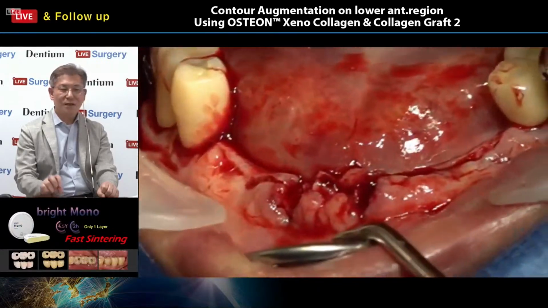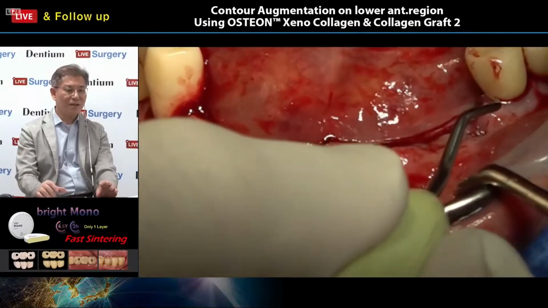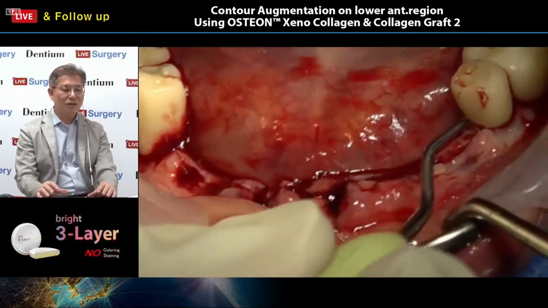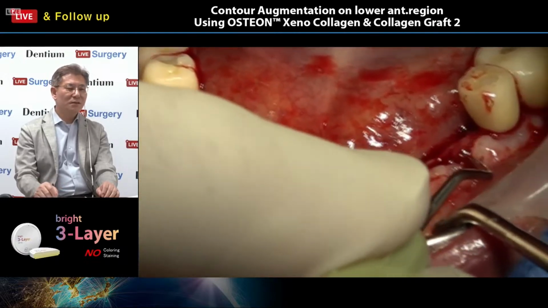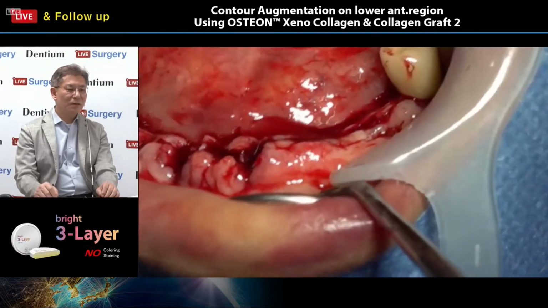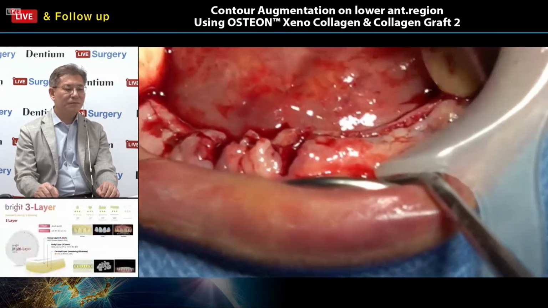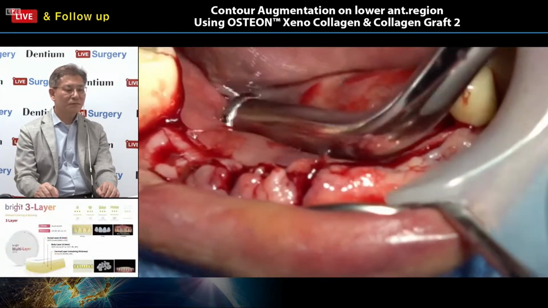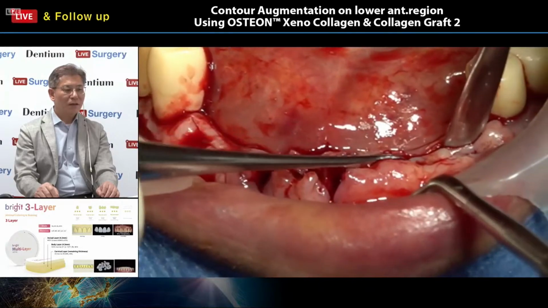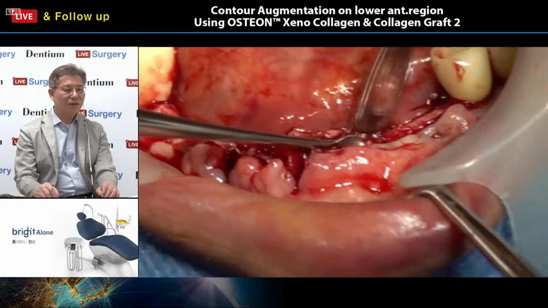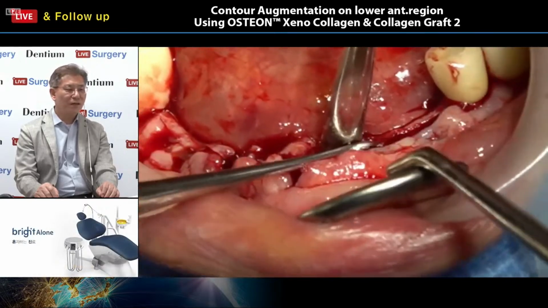I think he is manually navigating the remaining bone morphology, like a bone mapping, the manual type. And he is changing the instrument to the small round curette.